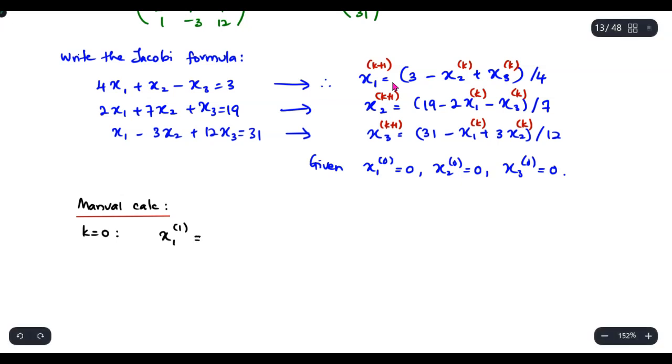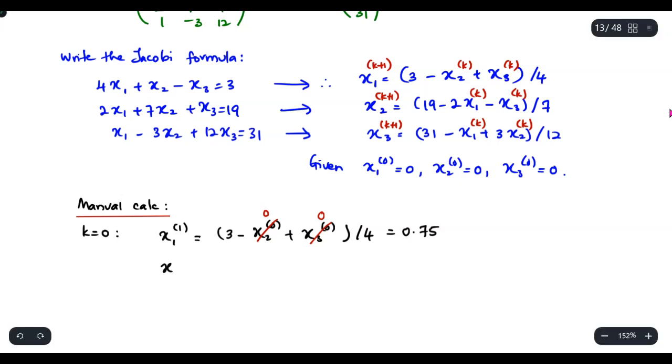At the right side we have 3 minus x2, 0 plus x3, 0 over 4. We know x2, 0 is given as 0, and x3, 0 is also 0. So what's left is just 3 over 4, which is 0.75. That is your x1.